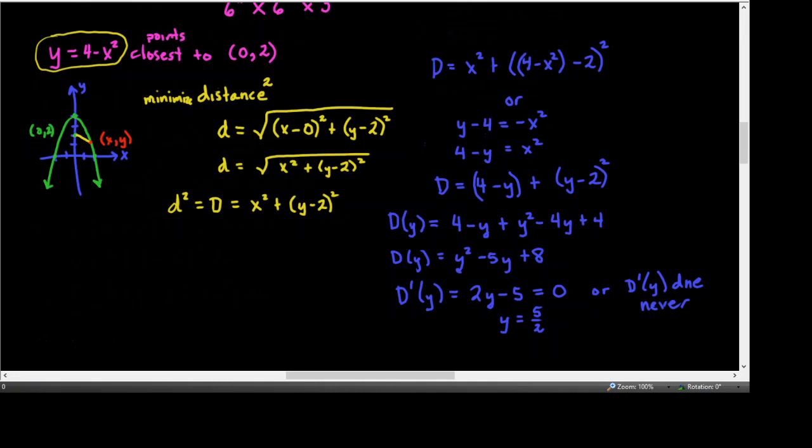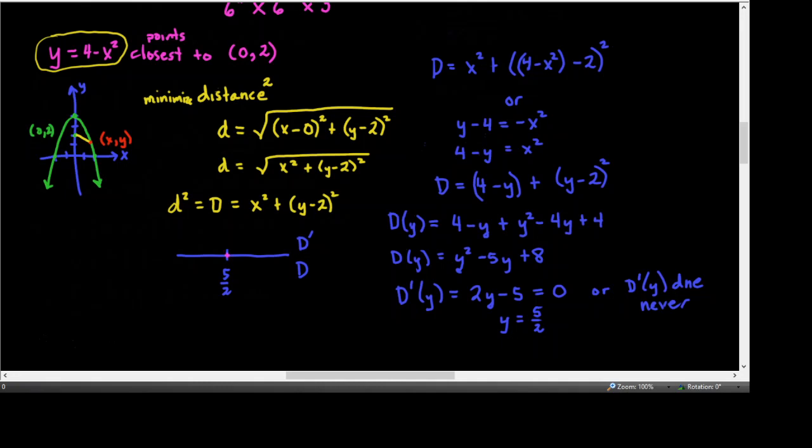Okay, so if we do the number line analysis for d prime, that will tell us what's happening with d. 5/2 is our only critical number, and I got it from equal 0, so a nice solid dot there.